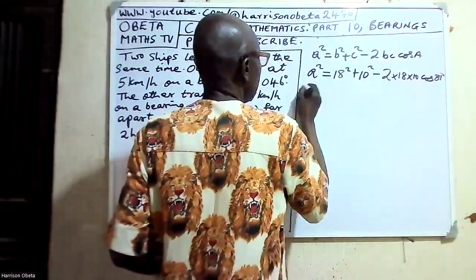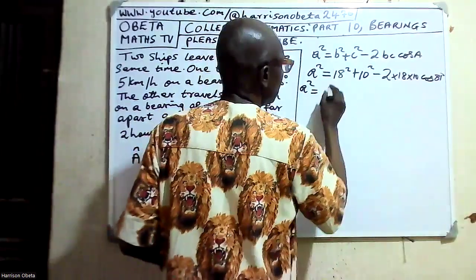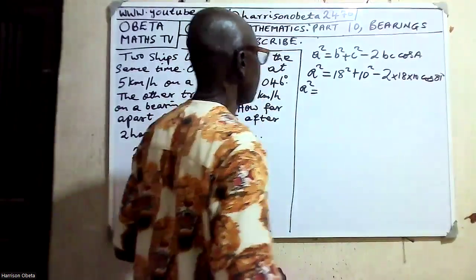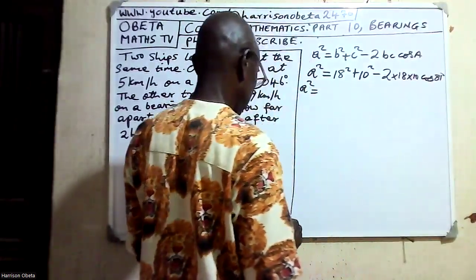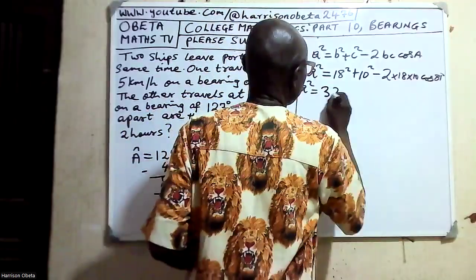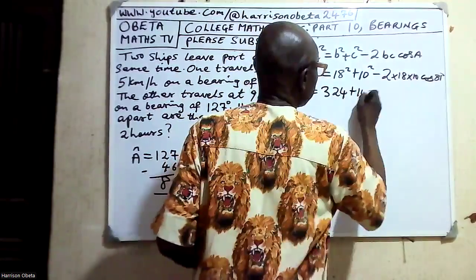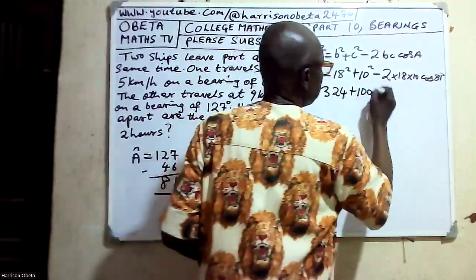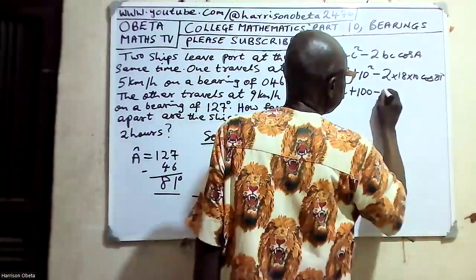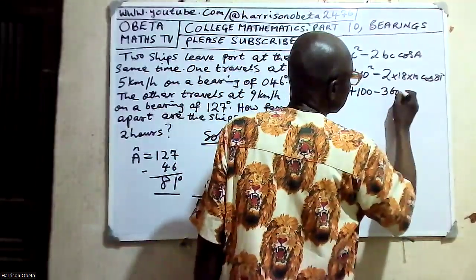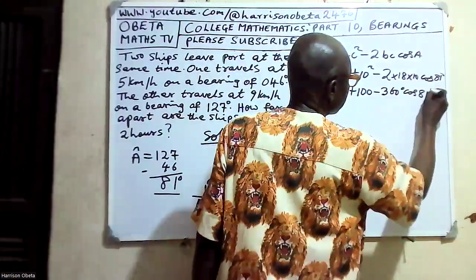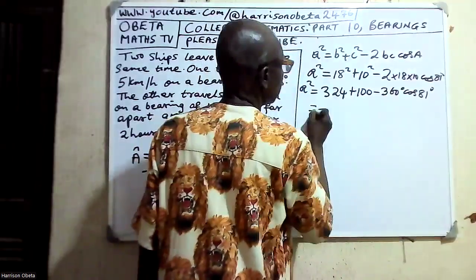So a squared now is equal to 324 plus 100, then minus 360 cos 81.